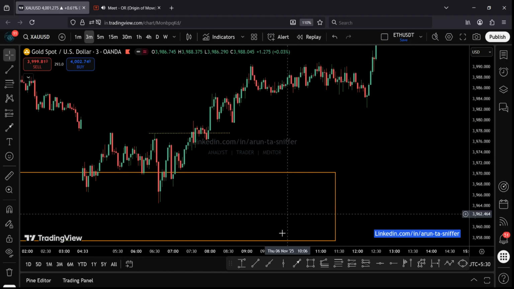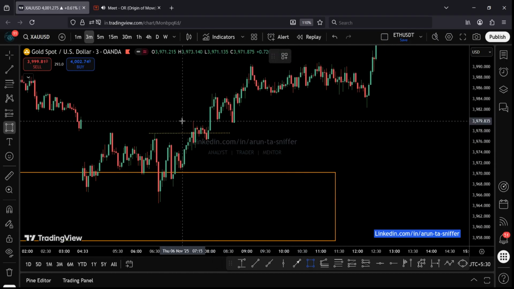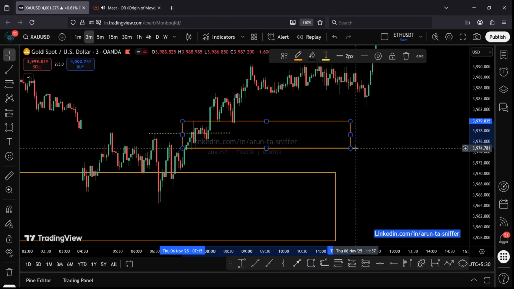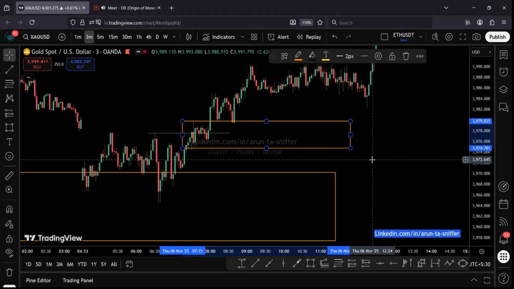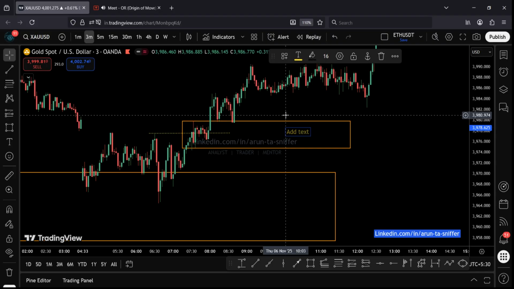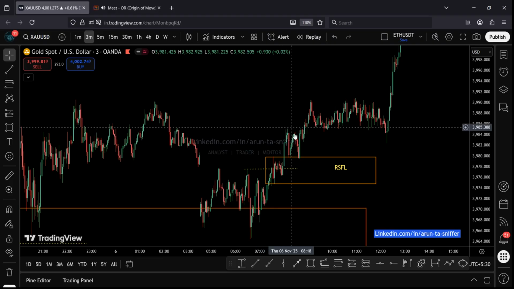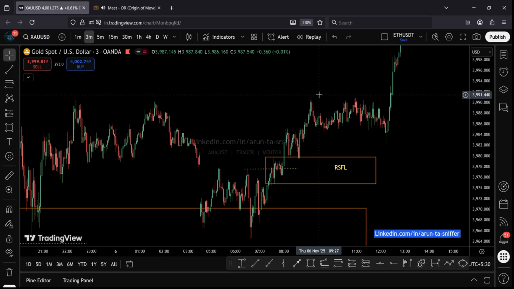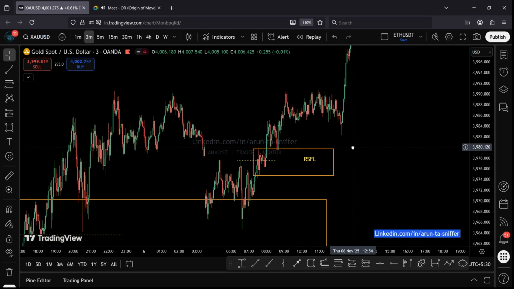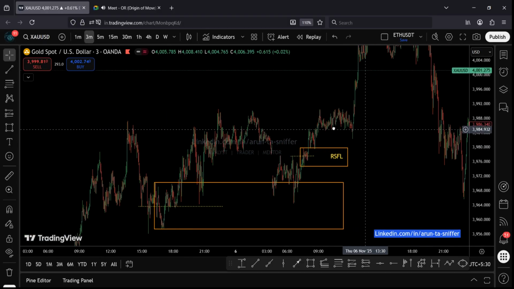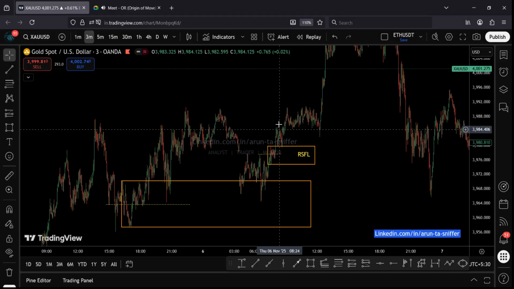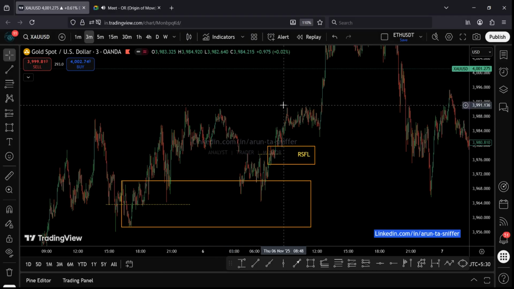Okay, and draw a zone like this. Okay, this is RSFL. What happened? Price goes up, came back, hit this RSFL and goes up again. Okay, this ran up very fast, but you think about taking profit, covering your stop loss till here.